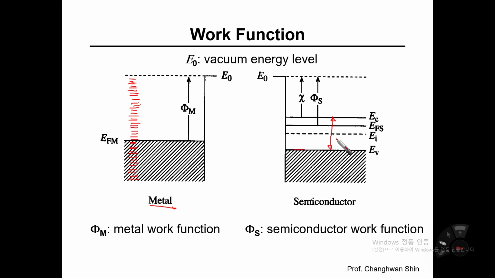EC minus EV indicates the band gap energy. Okay. So you're familiar with this band diagram for silicon material, right? Just two solid parallel lines indicate band edges, EC and EV. That's it, right? But here in this slide, we would like to indicate which energy difference corresponds to the work function.